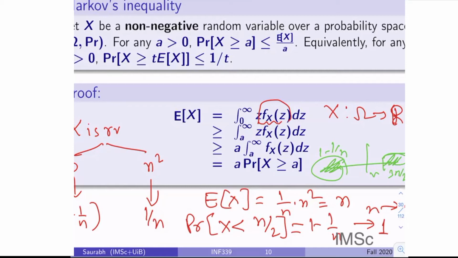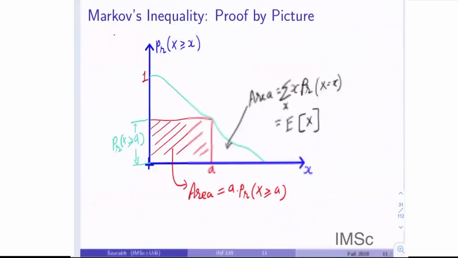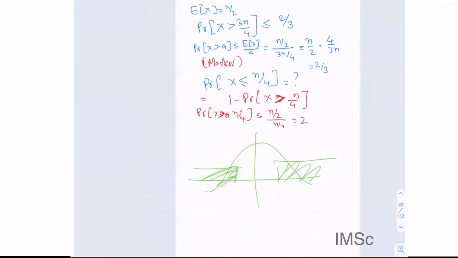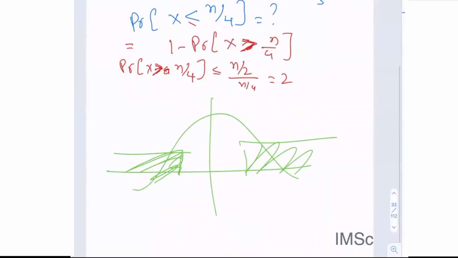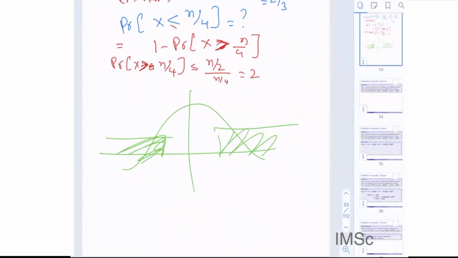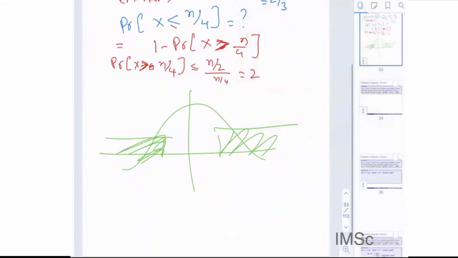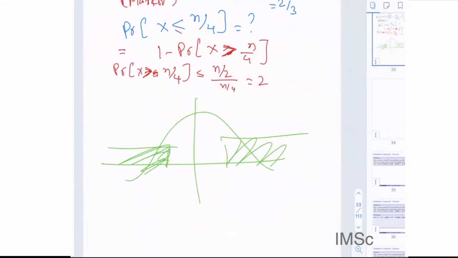Okay, so now from Markov, let's go to another kind of inequality, and this is an object which is used every time.